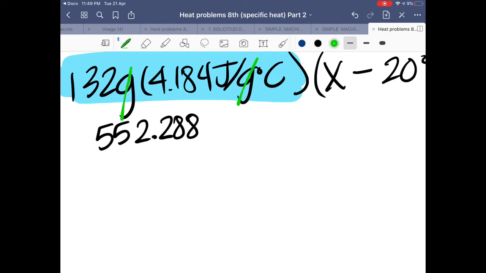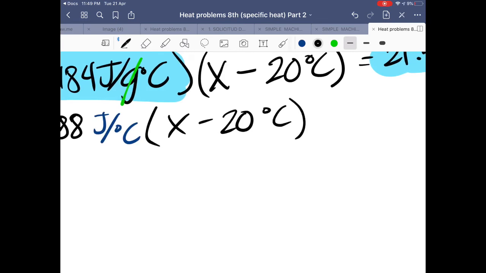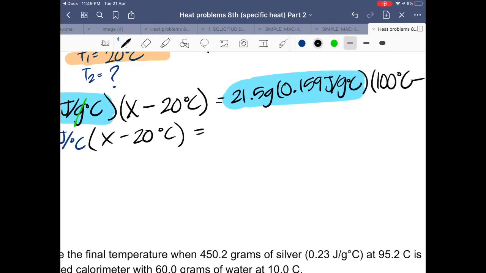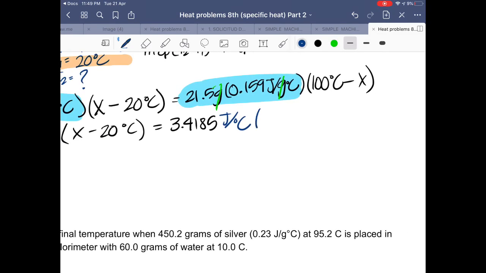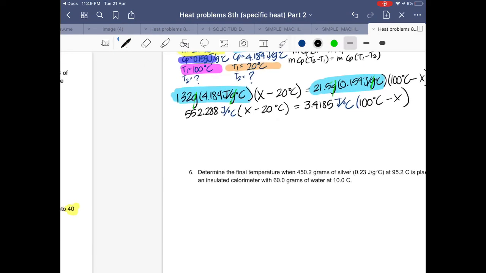You cancel grams with grams, so you have joules over degrees Celsius times x minus 20 degrees Celsius equals 21.5 times 0.159 equals 3.4185. You cancel grams with grams, so you have joules over degrees Celsius times 100 degrees Celsius minus x.